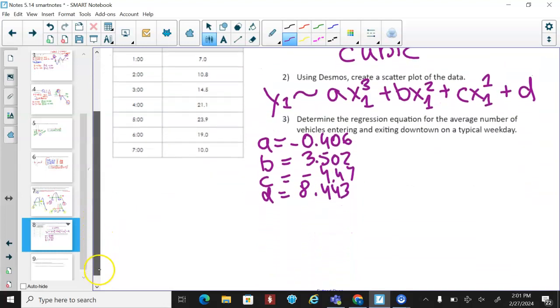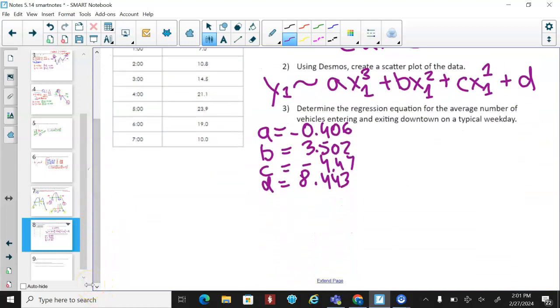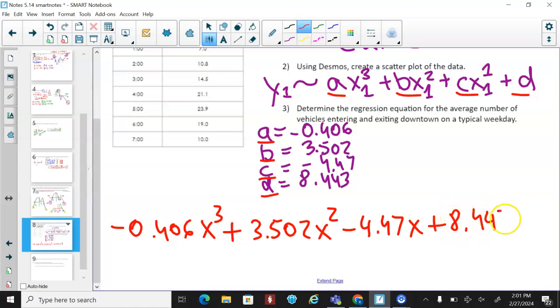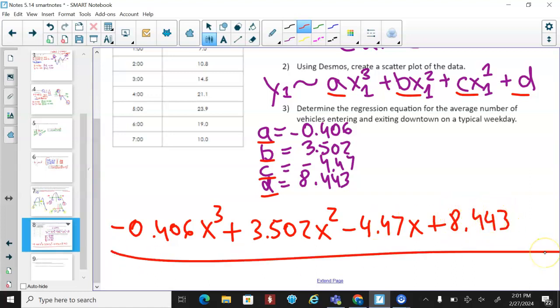Now, when it's asking us to determine the regression equation, we're going to plug in these values for a, b, c, and d. So my a is negative 0.406 x cubed, plus 3.502 x squared, minus 4.47x, and then plus my d, which is 8.443. So this is my regression equation, okay?